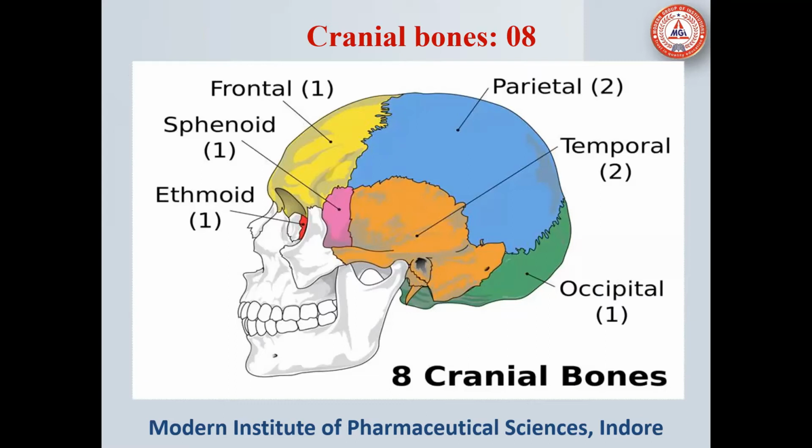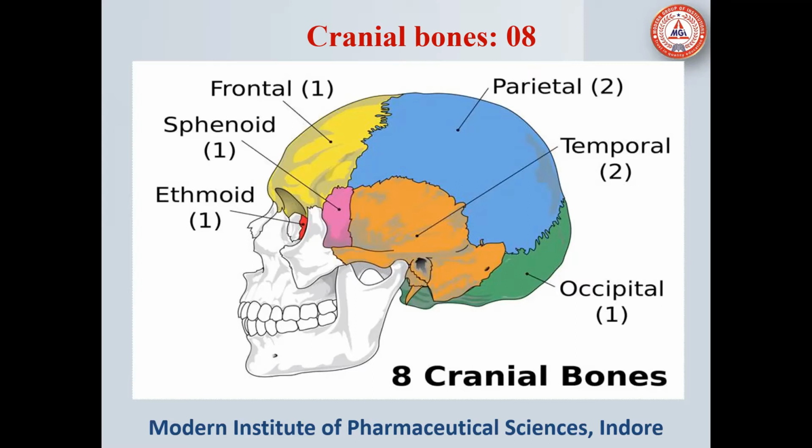The skull rests on the upper end of the vertebral column and its bony structure is divided into 2 parts: the cranium, or cranial bones, and the face, that is, the facial bones. First of all, the cranial bones.